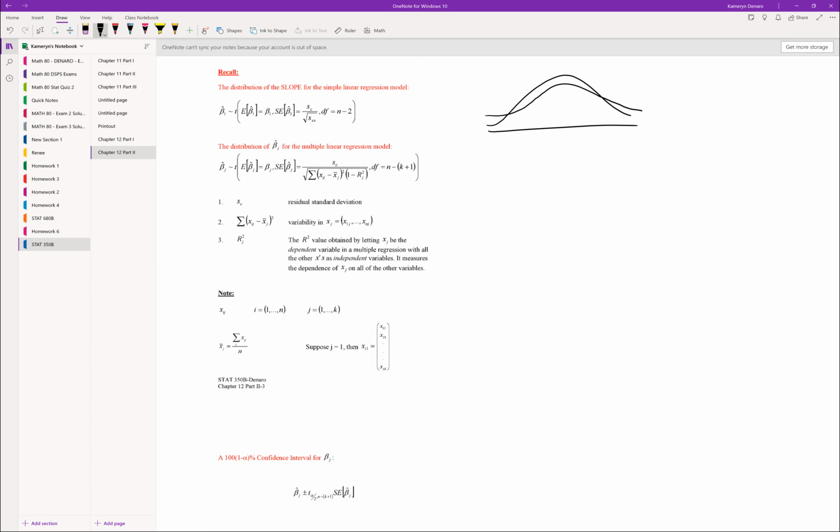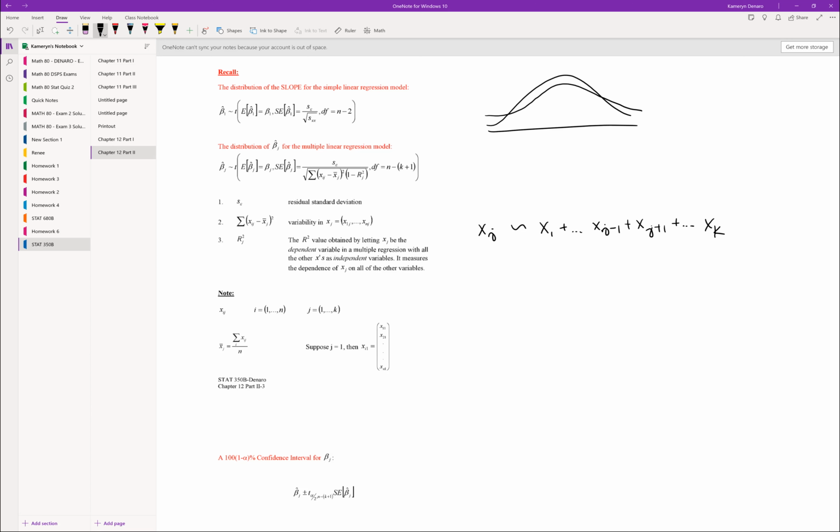that is somewhat different than the traditional r squared that you've thought about in the past. What it actually is, when you have r squared j, this is saying, what is the r squared value obtained by letting the xj be the dependent variable? So essentially, I'm going to regress xj on x1 all the way down to xj minus 1, then skip xj and do xj plus 1 all the way up to xk.